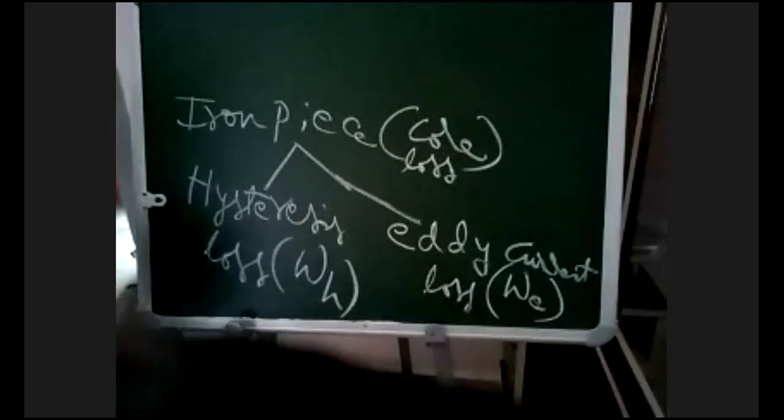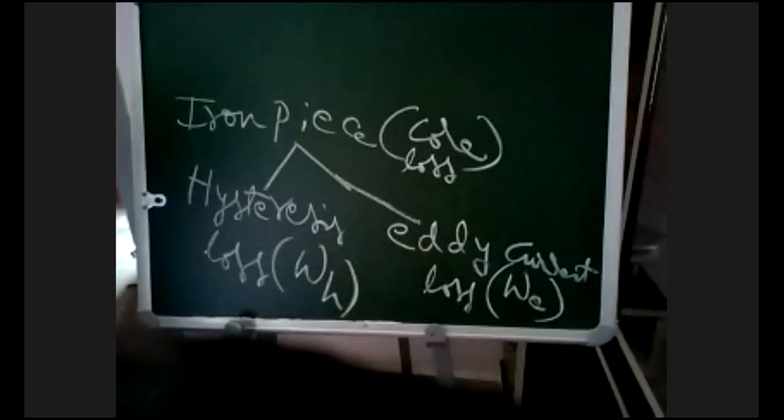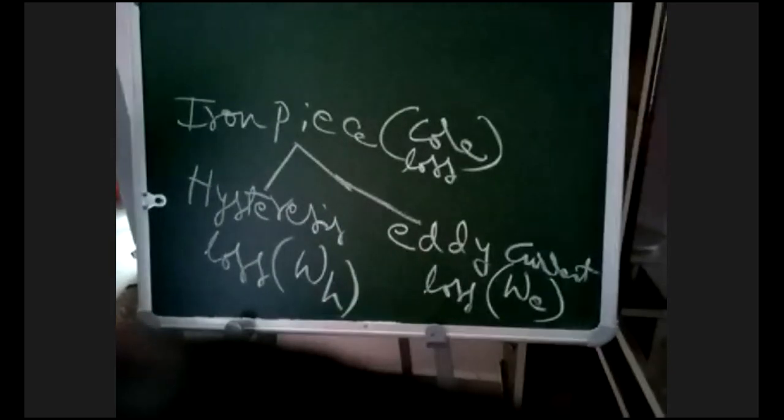Is it okay? Now I have explained the eddy current loss. Now what is the hysteresis loss? I think everybody knows that iron piece can be magnetized to magnet.